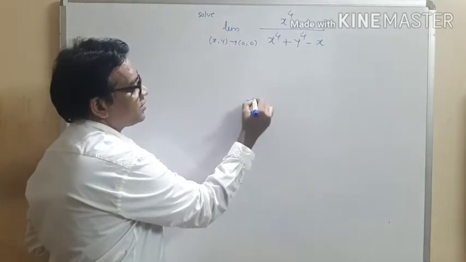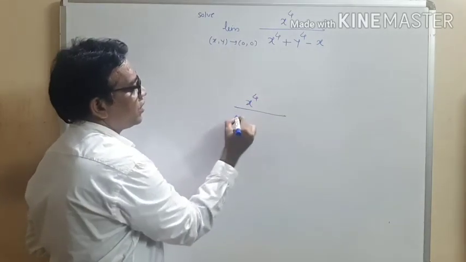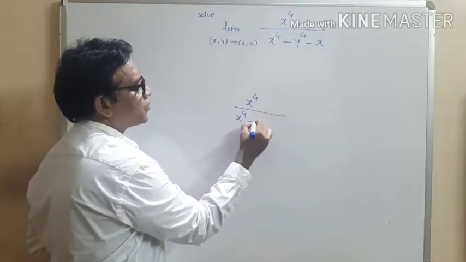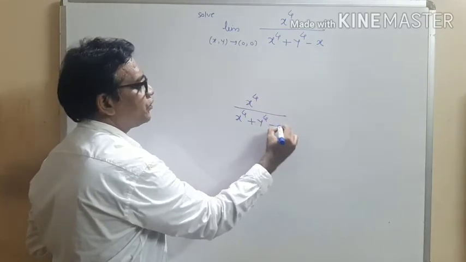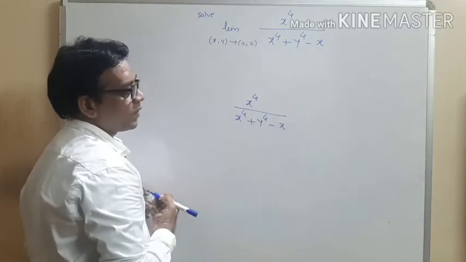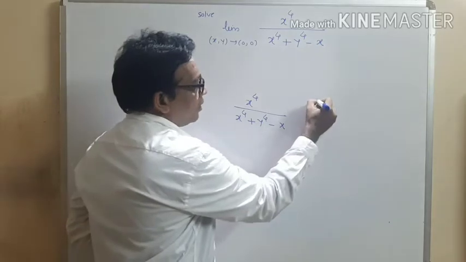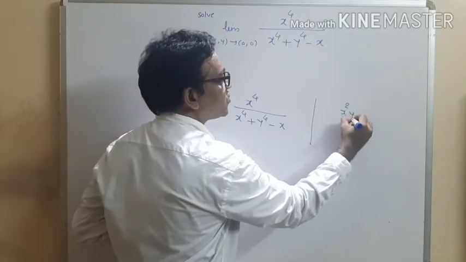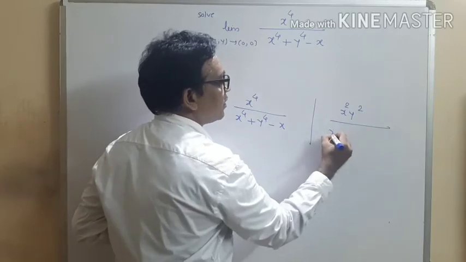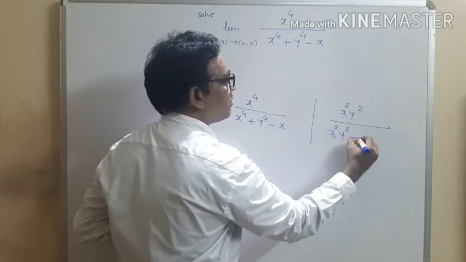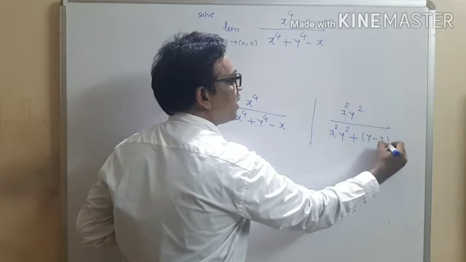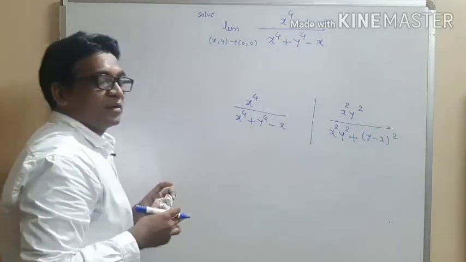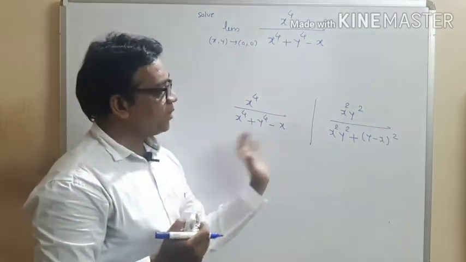Our function is x raised to 4 divided by x raised to 4 plus y raised to 4 minus x. Now suppose we consider a similar equation, x square y square divided by x square y square plus (y minus x) whole square. Now see, these are similar equations.